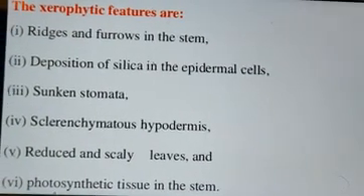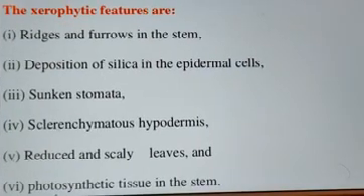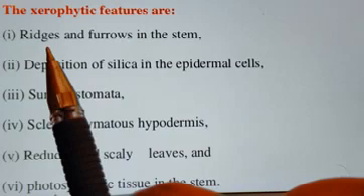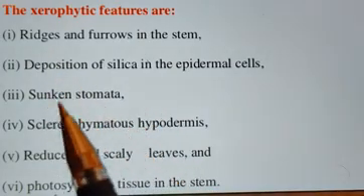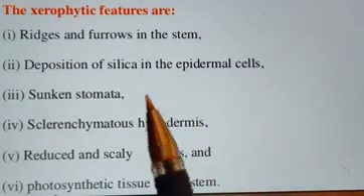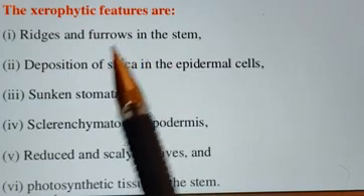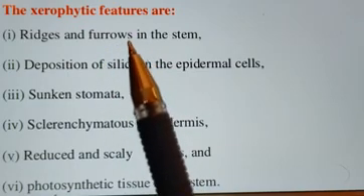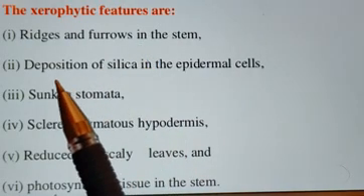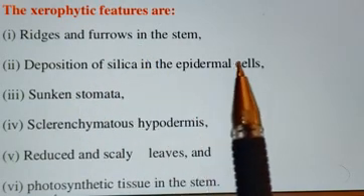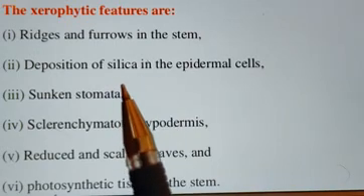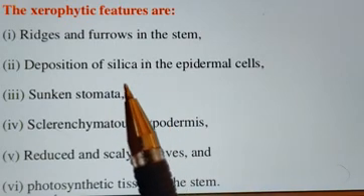So the xerophytic features. How many xerophytic features are shown by Equisetum? The first is the ridges and furrows in the stem, which is also a special xerophytic feature we can observe in cactus and other such plants. Then deposition of silica in the epidermal cells; silica deposition also occurs in other xerophytic plants.